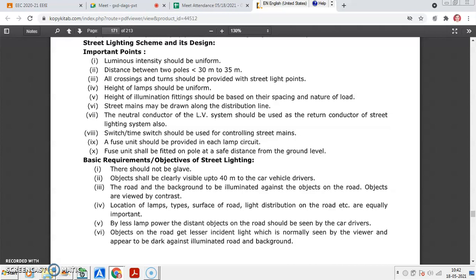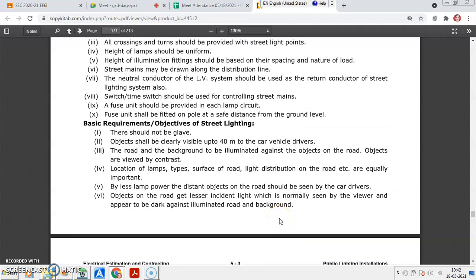Then the road and the background are to be illuminated against the objects on the road. So objects are viewed by contrast. Okay. Then location of lamp, types, surfaces of road, light distribution on road, etc. are also very important factors.